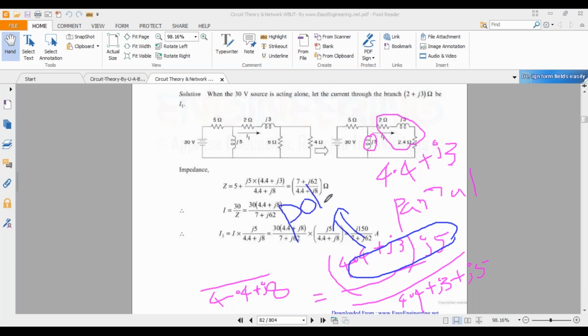The fundamental thing of mathematics is that multiplication and division of two vectors is to be done in polar form, so 4.4 plus J3 is to be converted into polar form in our calculators, and J5 is to be converted into polar form in our calculators.